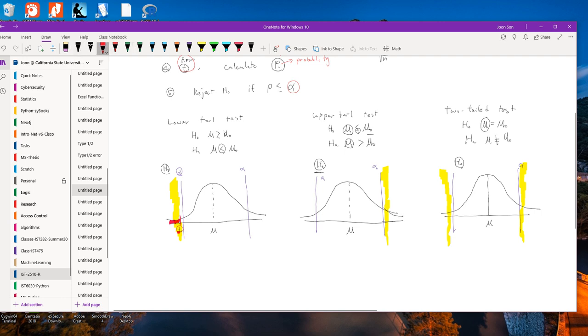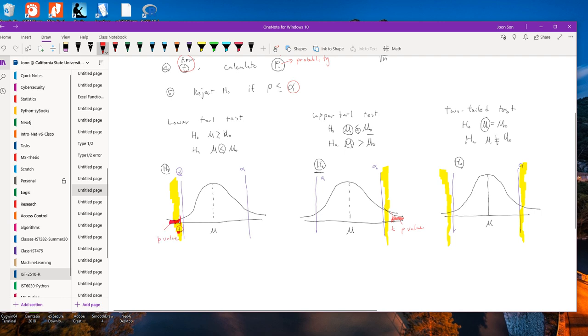For the upper tail case, let's say your test statistic lies in this rejection region. Then you reject the null hypothesis because it's too far away from the mean, which is strong evidence that the null hypothesis is false. Say you have a t value here. The p-value is the area underneath, this red area.